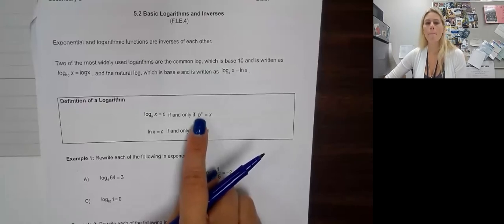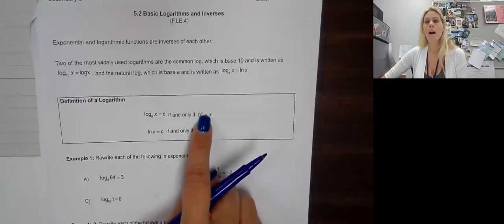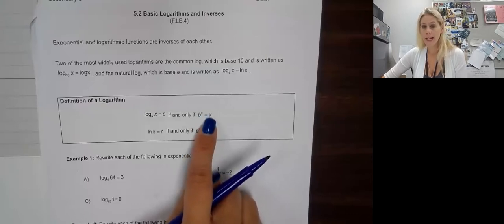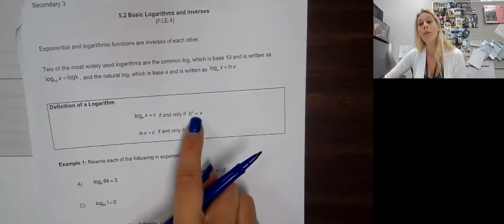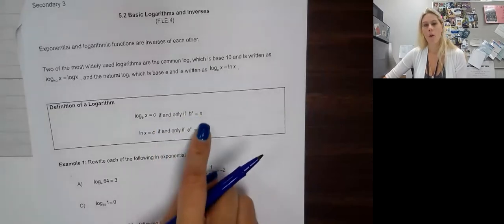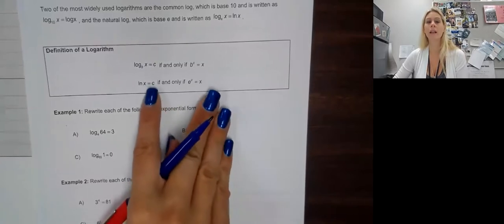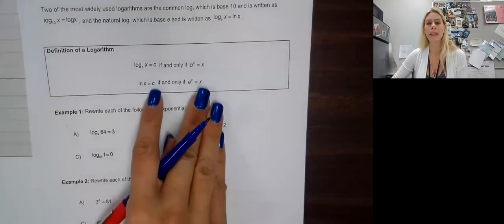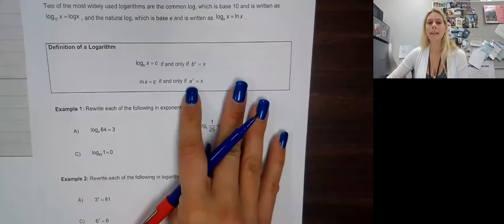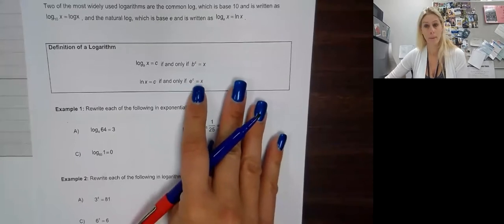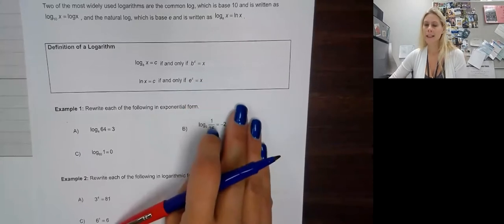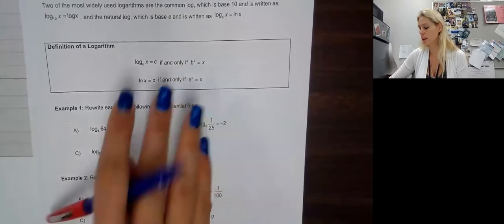So we have b to the exponent c equals x. So we see how we can rewrite these forms. This goes along in connection to ln. ln of x equals c is the same as e to that c, remember that exponent, equals x, because those two correspond with each other.